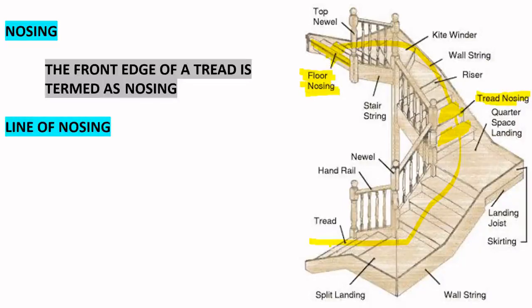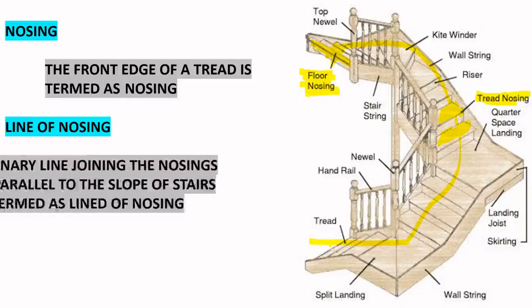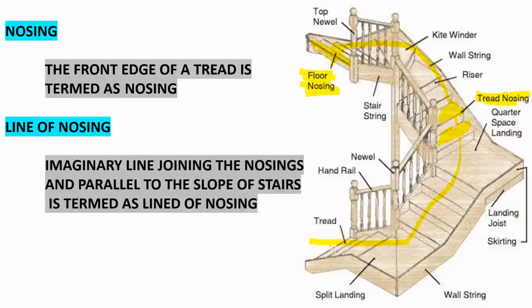Now line of nosing. So what do you mean by line of nosing? An imaginary line joining the nosings and parallel to the slope of the stairs is termed as line of nosing. You can see this is one flight, right? This is a landing, this is a landing, and this is one flight.